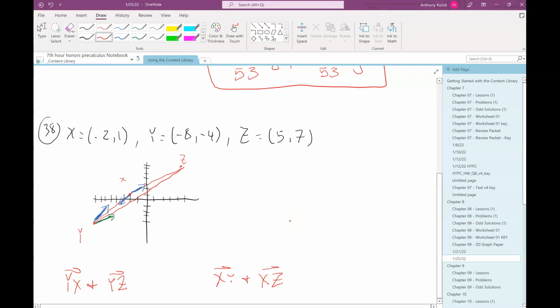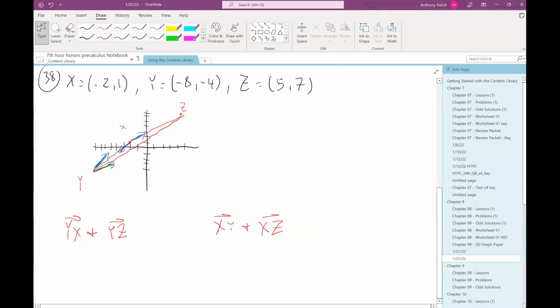I don't really need the third vertex because once I find the angle measures for the other two, I get the third one for free. And I'll find the magnitudes for the sides along the way to use the angle between two vectors formula.